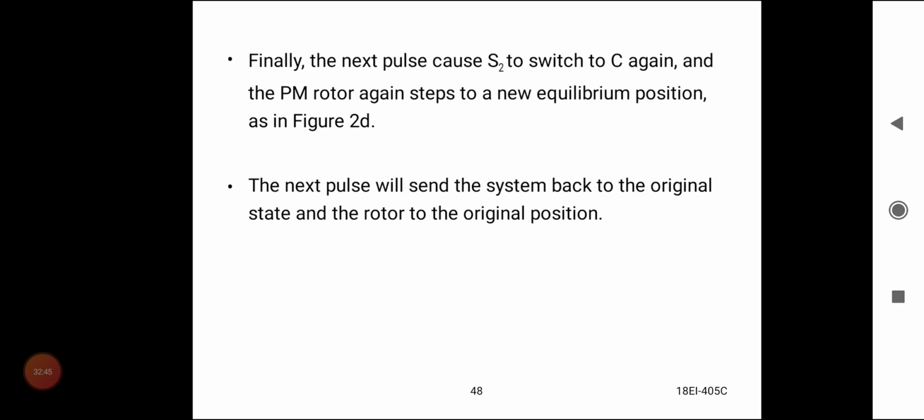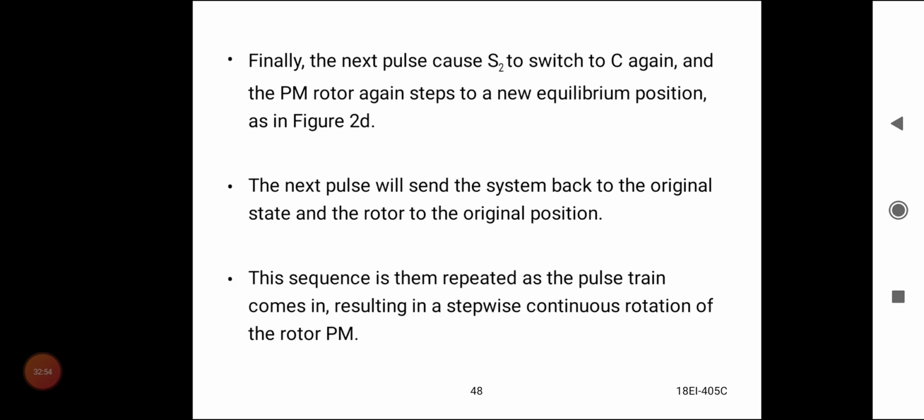The next pulse will send the system back to the original state and the rotor to the original position. This sequence is then repeated as the pulse train comes in, resulting in a stepwise continuous rotation of the rotor permanent magnet.